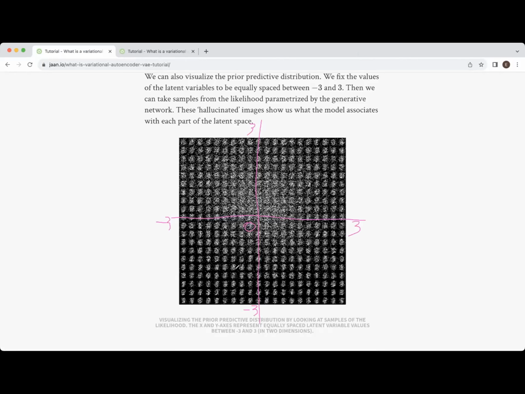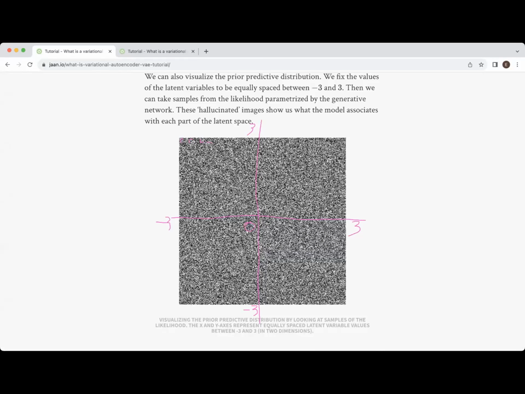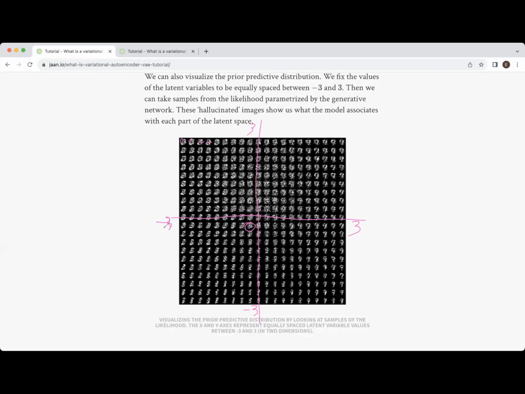What the author did is move around this latent space and sample from there. There are Z's everywhere in the range between -3 and 3, this square grid-like world.